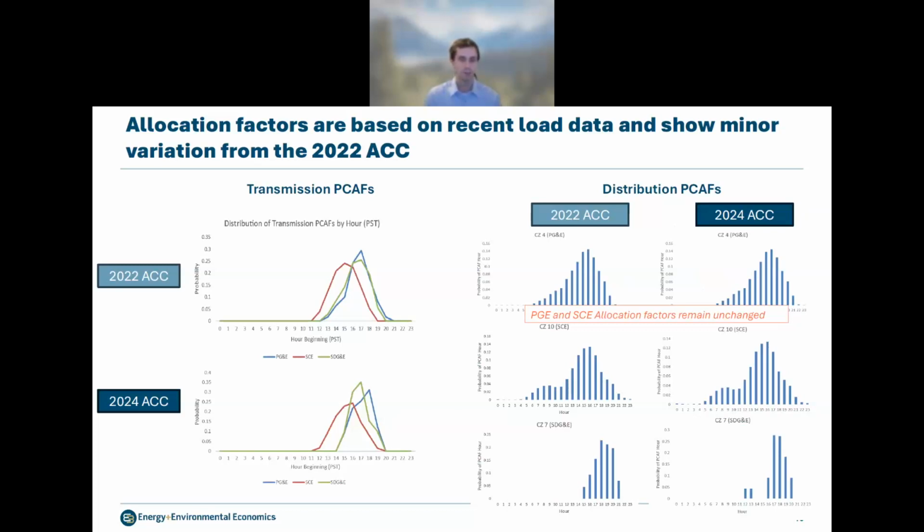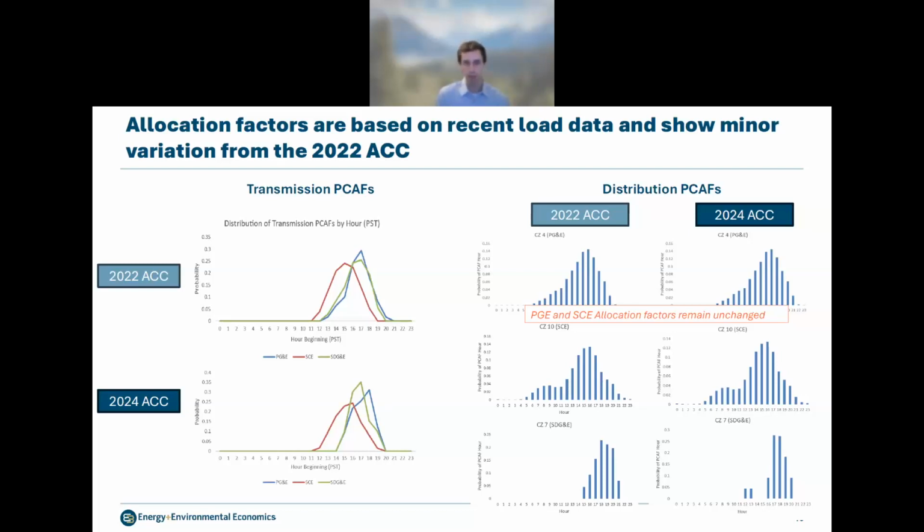Thanks. So before we get to some Q&A and then the societal cost test results, I do want to cover the last piece of the puzzle for both transmission and distribution, which is the peak capacity allocation factors, or PCAFs. Thankfully, for the PCAFs, the inputs and the methodology are much more straightforward and really just rely on recent load patterns.